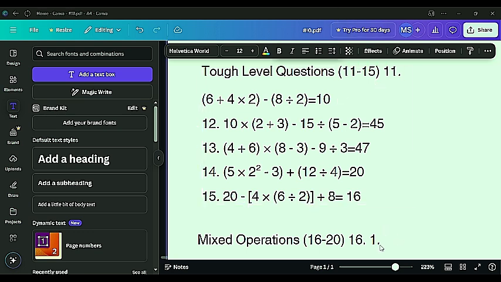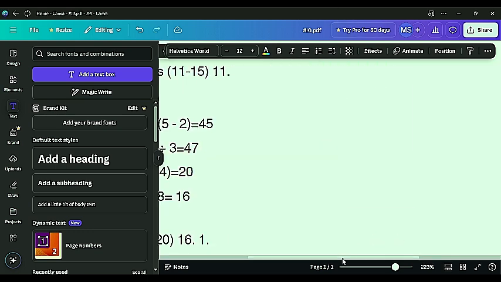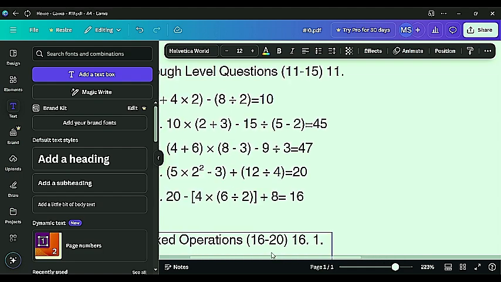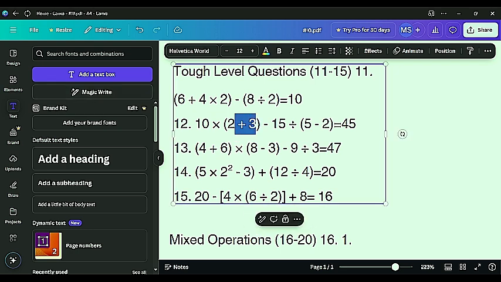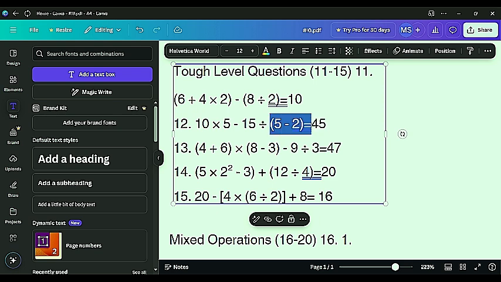After that here, wait a minute. Done. 10 multiplied by, so first solve the brackets here. 12, no more brackets needed. Okay, after that we had to solve this type of brackets. So 3.